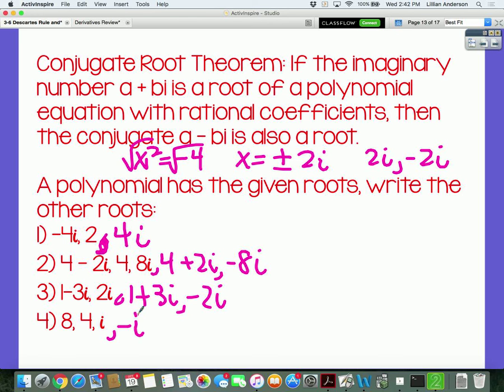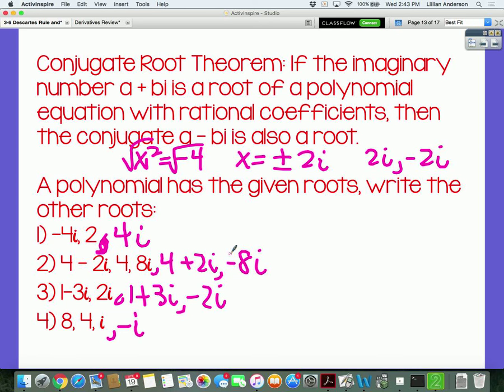What about number 2? 5. Because you have 1, 2, 3, 4, and 5. What about number 3? 4. And then number 4? 4. So a 4th degree polynomial, a 3rd degree polynomial, or a 5th degree polynomial.